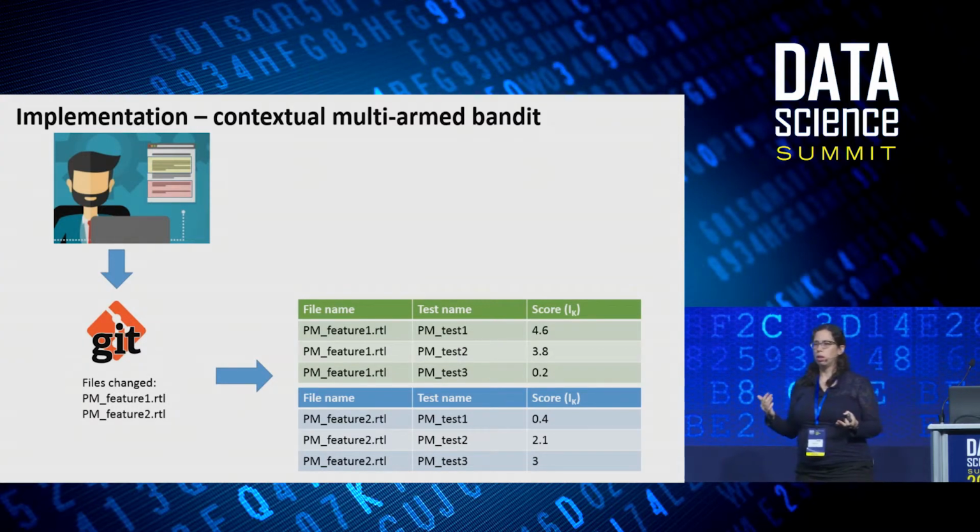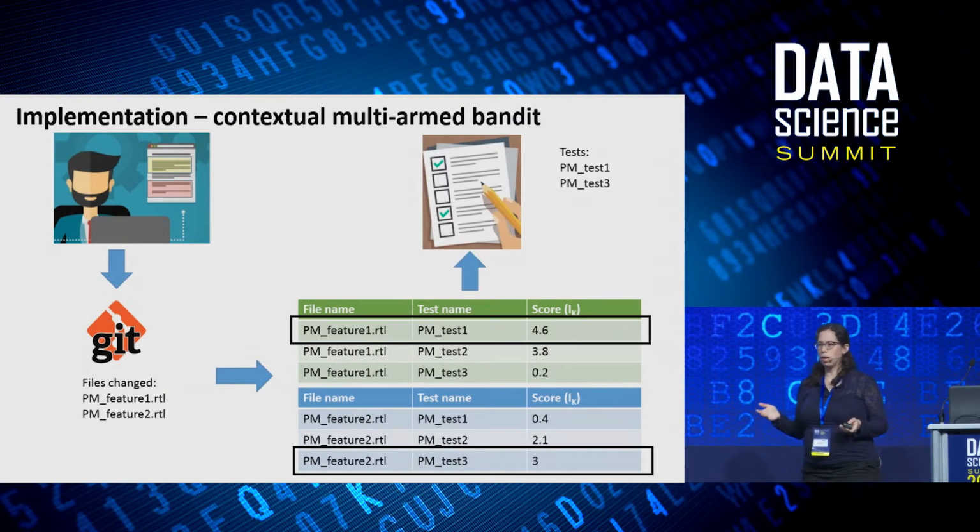For each test, we can calculate this index and understand what is the score for this test. So in this case, for the 2 files, we can select the tests with the highest score, and put them in our list. Our recommendation is to run those 2 lists and not the static list.